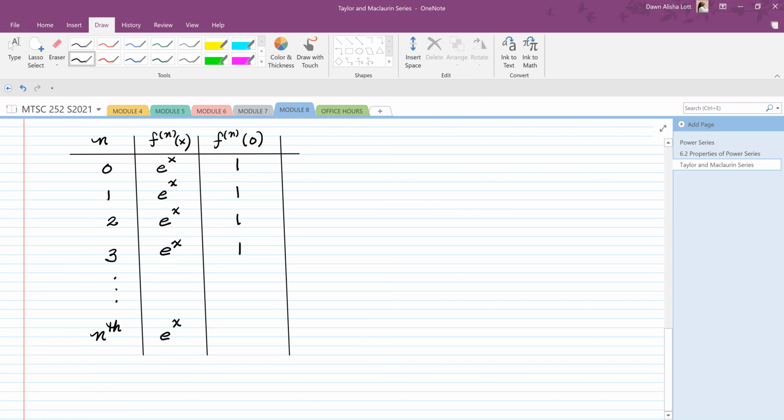And when I evaluate that at 0, I'm going to get 1. So therefore now I actually know that the nth derivative evaluated at 0 is simply just going to be 1.